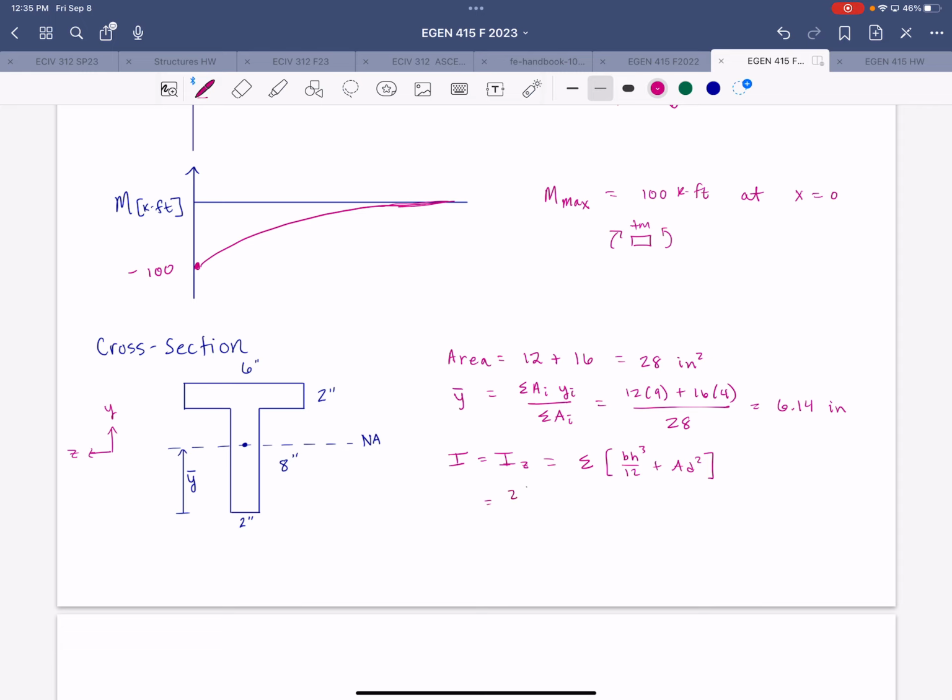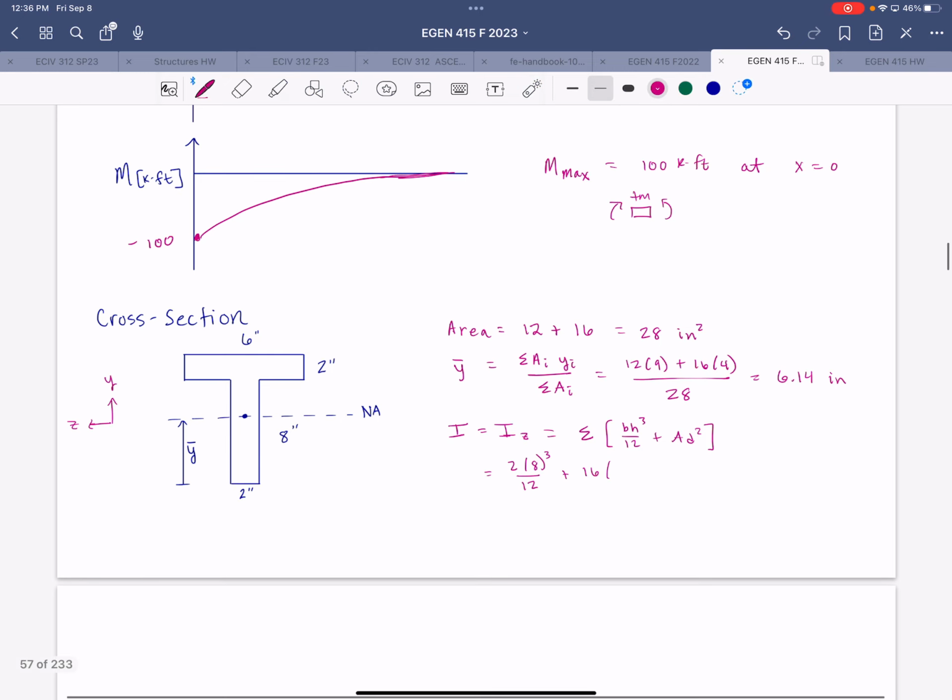So that's going to be 2 times 8 cubed over 12, starting with the web, plus 16, which is the area of the web, times the distance d. Remember, d is the distance from the centroid of the whole section to the centroid of the piece that you are calculating. It doesn't matter what order you take that difference because that term is squared.